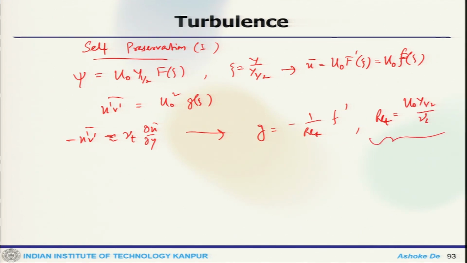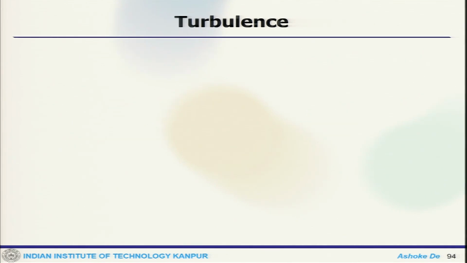Now, this must be constant in x if the flow is self preserving, which means nu t should be u naught to the power half, and also turbulent viscosity is assumed to be constant in y.